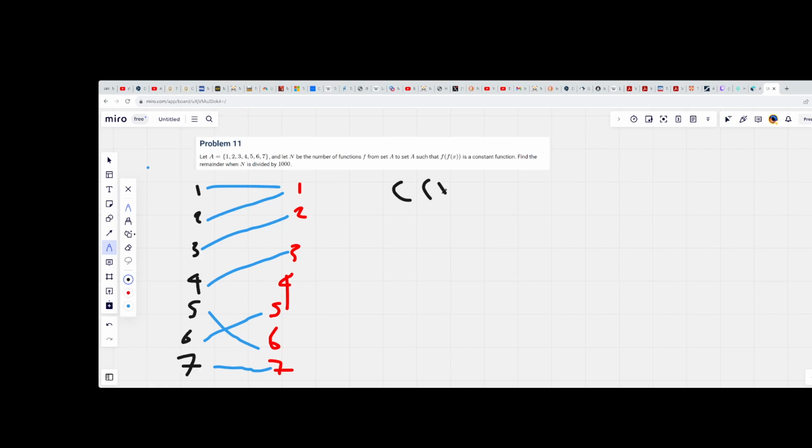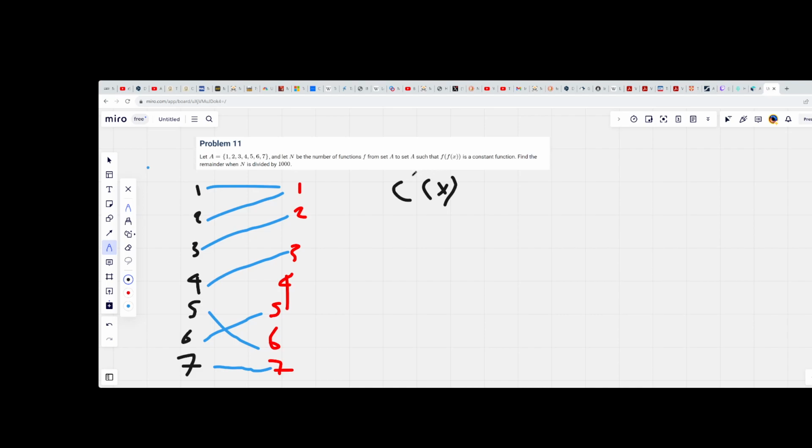Then no matter what I plug in for x, whether 1 or 2 or 3 or 4 or 5 or 6 or 7, it'll always give me the same number. So c of 1 gives me 5, let's say. c of 2 is also 5, c of 3 is 5, and so on through c of 7 is 5. So that's what it means to say that f of x is a constant function.